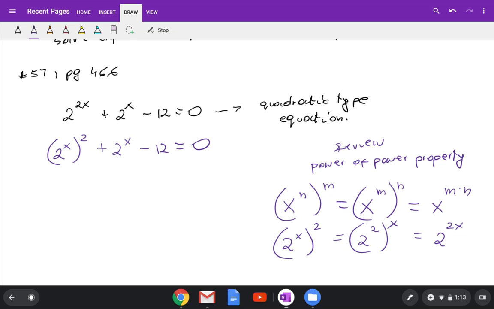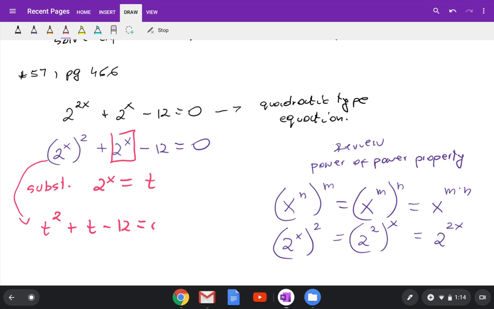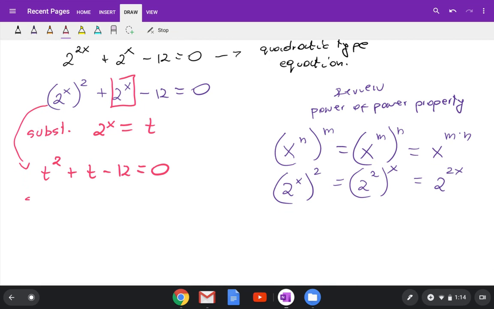So now what you're going to do, the middle exponential expression, we're going to use the substitution. We're going to substitute 2 to the power of x with t. So we can recognize that this equation will become quadratic. That will be equivalent to t squared plus t minus 12 equals 0. And now we're going to solve the quadratic for t.